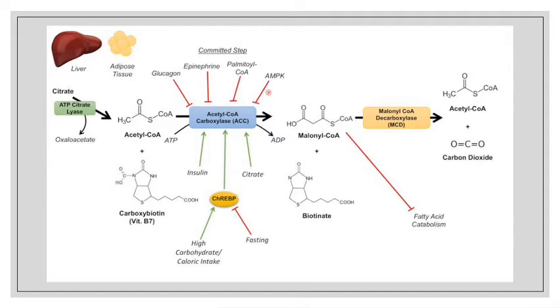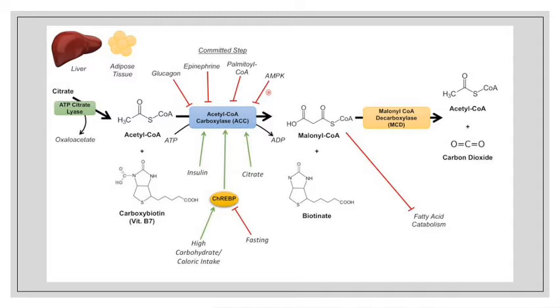All right. First, the first step here, something that we really want to look at that plays a big role in this that we need to be aware of. This is going to be fatty acid synthesis, and that's the picture that's here on this slide. It shows the steps.